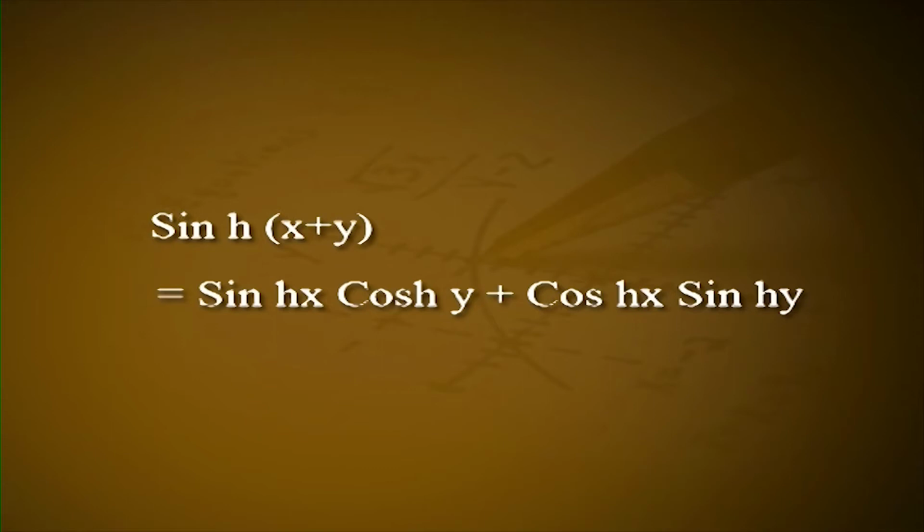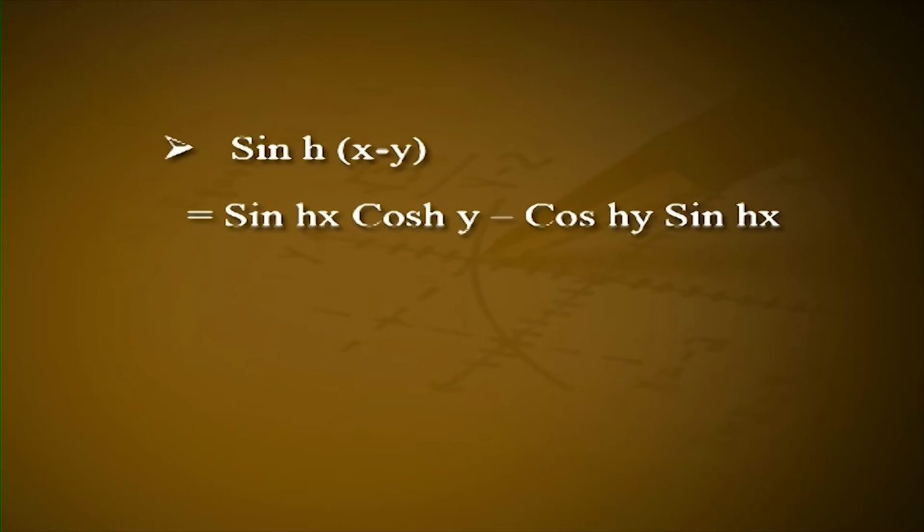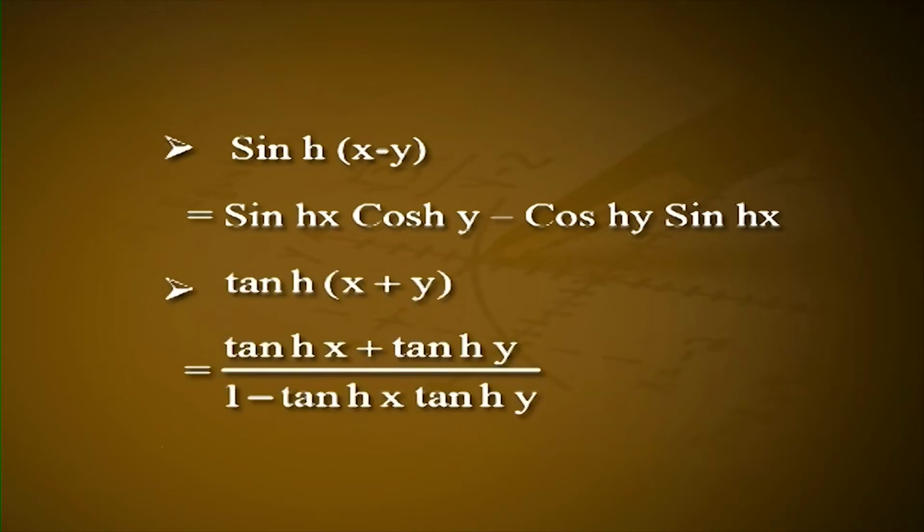Similarly, we can prove the following. sinh(x + y) = sinh x cosh y + cosh x sinh y. sinh(x − y) = sinh x cosh y − cosh x sinh y. tanh(x + y) = (tanh x + tanh y)/(1 + tanh x tanh y).